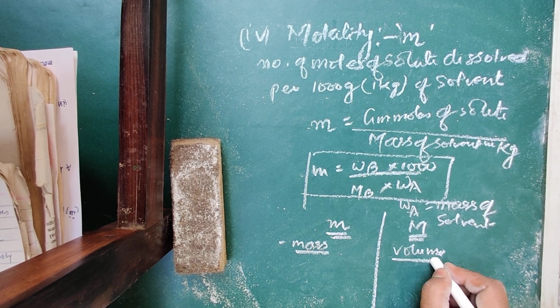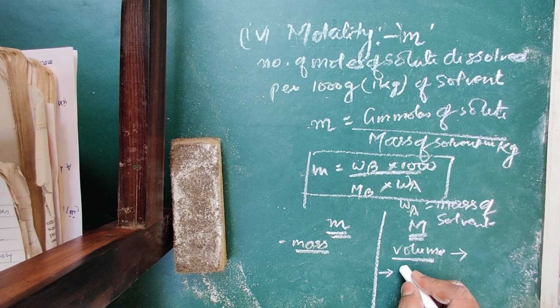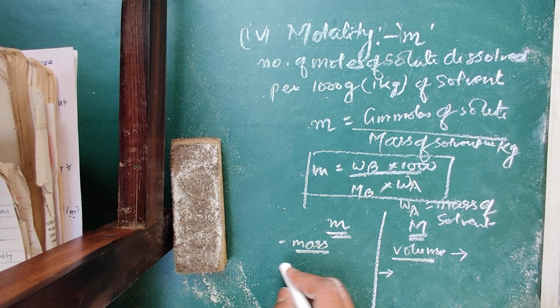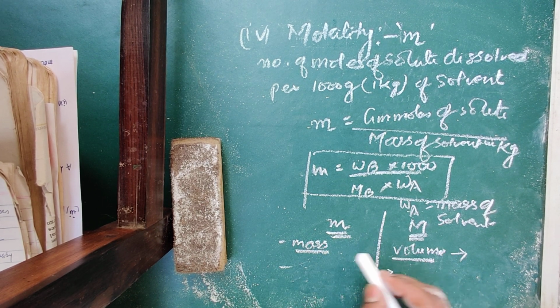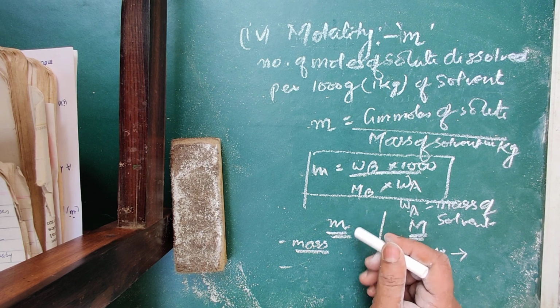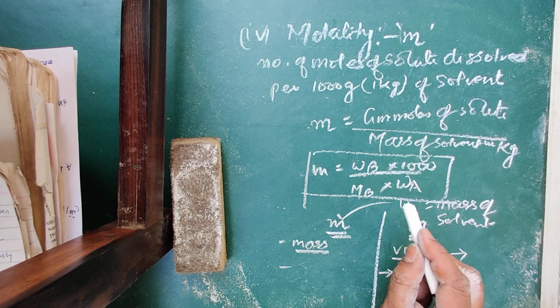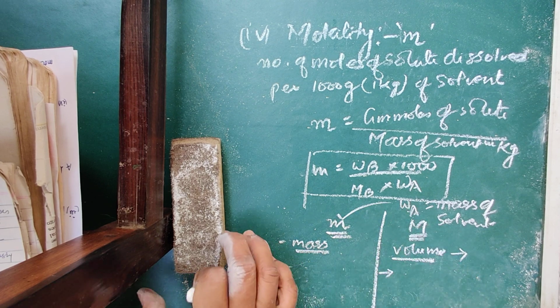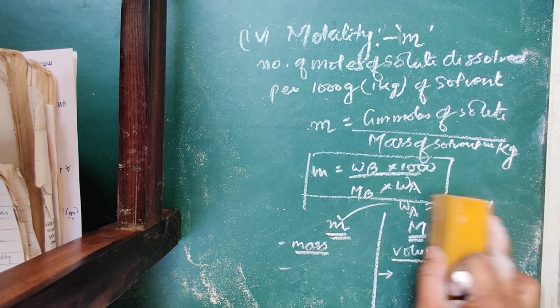You know that volume changes with temperature, therefore the molarity of the solution will change with the temperature. Here it does not change with the temperature. So which one will be the better unit for finding out the concentration? It will be molality. I hope you have understood.